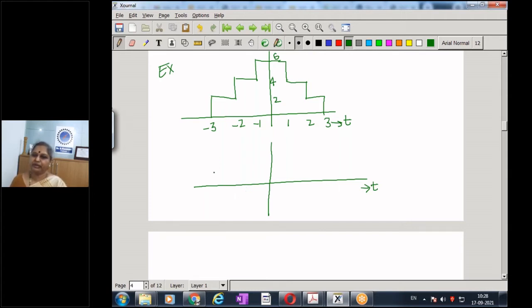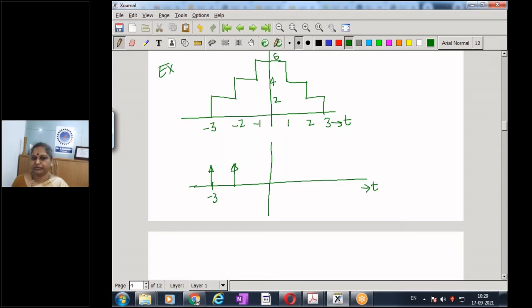So we are moving from minus infinity. I come to -3. Then what happens? There's a sudden jump, so I have an impulse. Then I keep walking towards -2. Neither increase nor decrease, so the derivative is 0. At -2, again there is a jump, by how much?